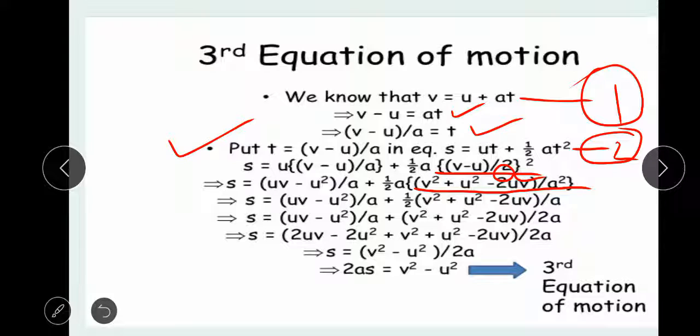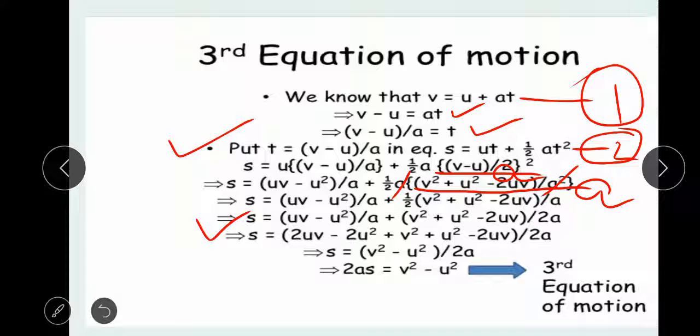Now, cancelling out a with a, there will be only a single a. Hence, in the next step, you get s = (uv - u²)/a + ½(v² + u² - 2uv)/a. Now, in the next step, you have (uv - u²)/a + (v² + u² - 2uv)/2a.